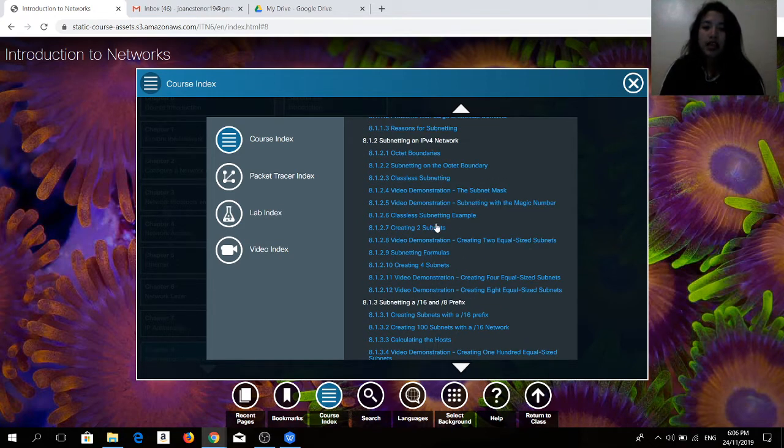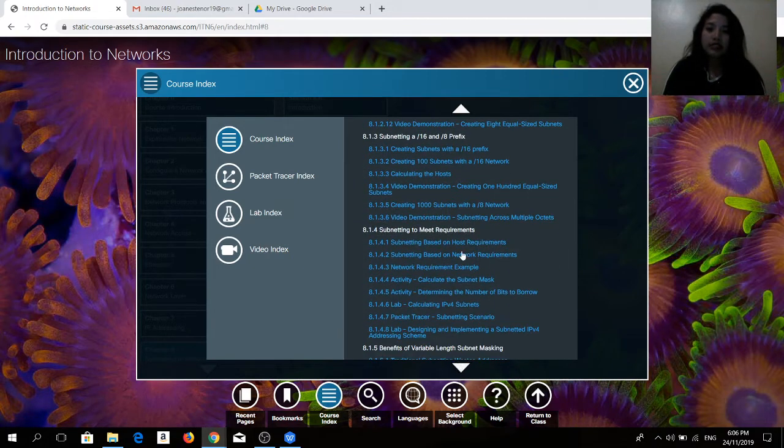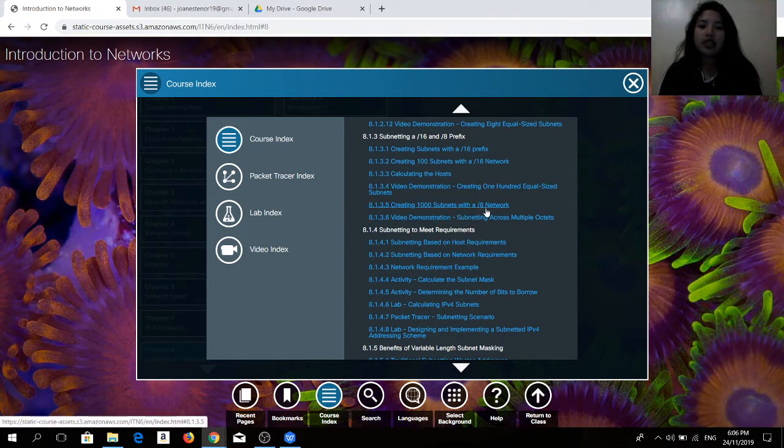Classless subnetting examples, creating 4 subnets. Next is subnetting a /16 and /8 prefix. Under it, we have creating subnets, creating 100 subnets, calculating the host, creating 1000 subnets with an 8 network.